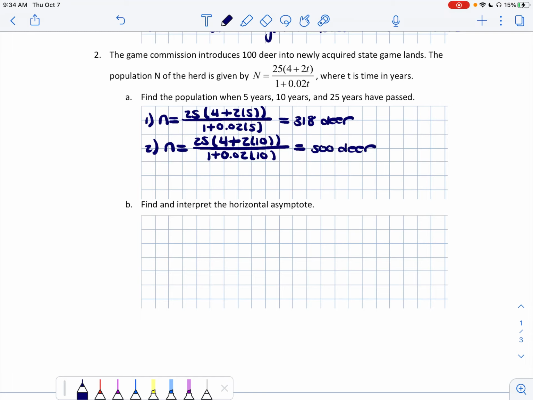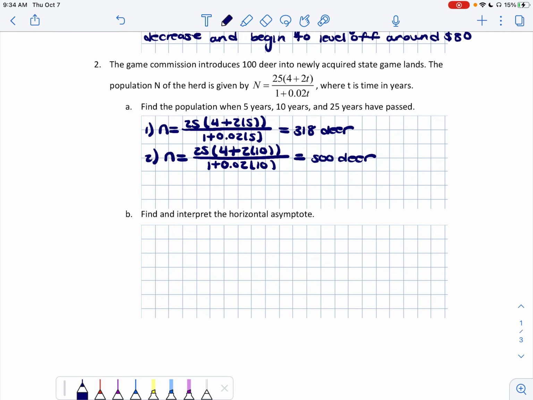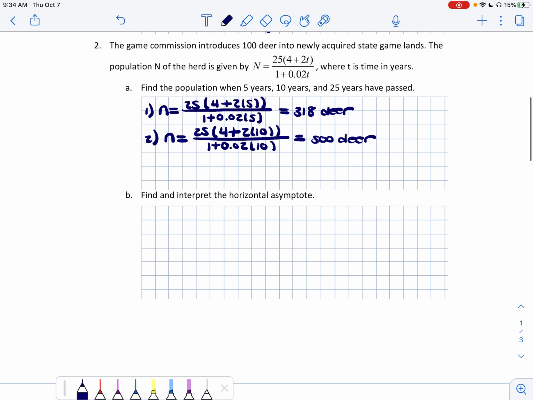So we can see that the number of deer on these game lands is increasing over time. We start with 100 deer. After 5 years, we had 318 deer. After 10 years, we had 500 deer. And then after 25 years, let's see what happens when we plug a 25 in.